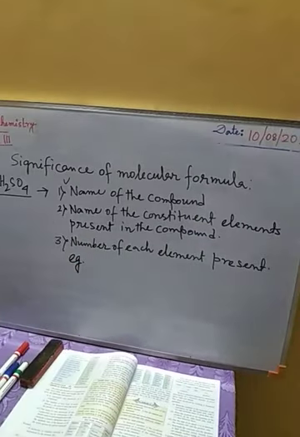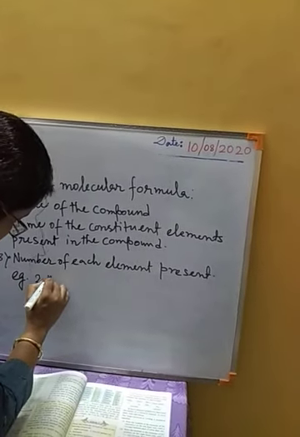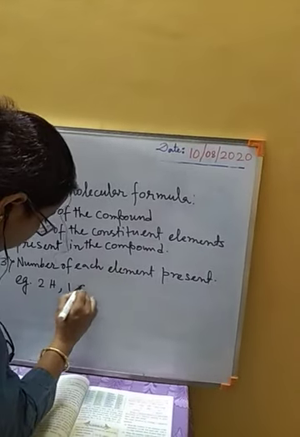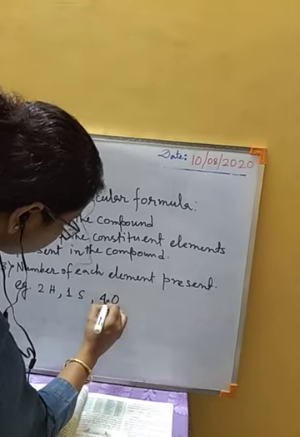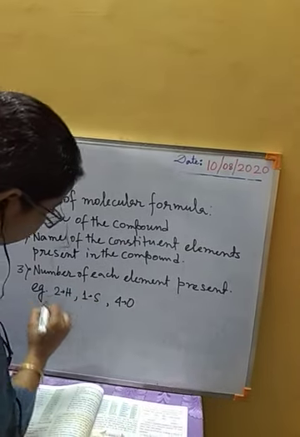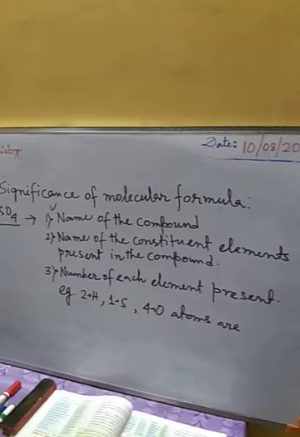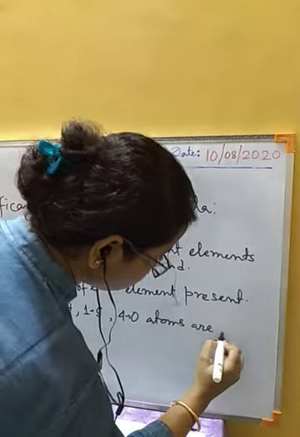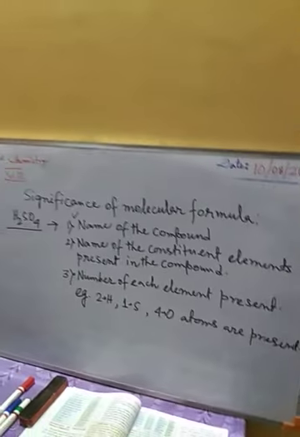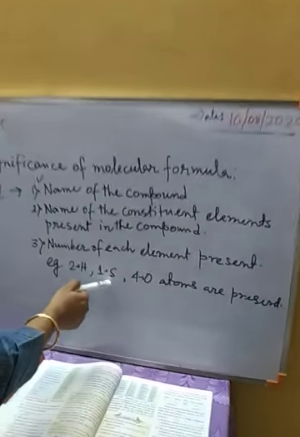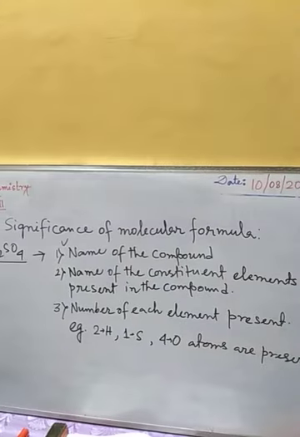As an example, for sulfuric acid we can say that 2 hydrogen, 1 sulfur and 4 oxygen atoms are present. Okay, in one molecule of sulfuric acid there are 2 hydrogen, 1 sulfur and 4 oxygen atoms. So this we can get from the molecular formula.